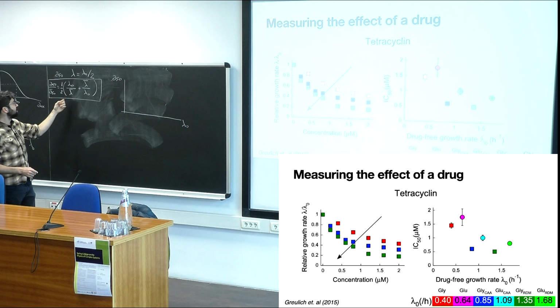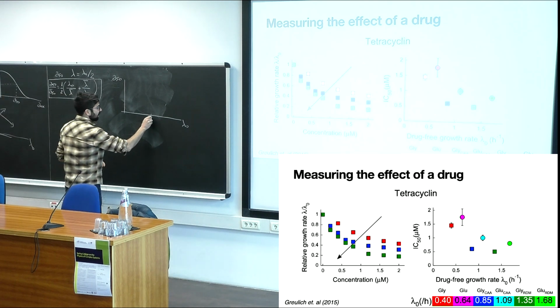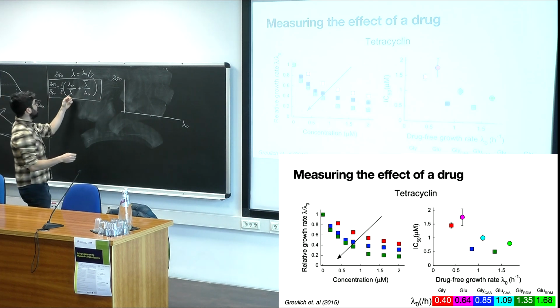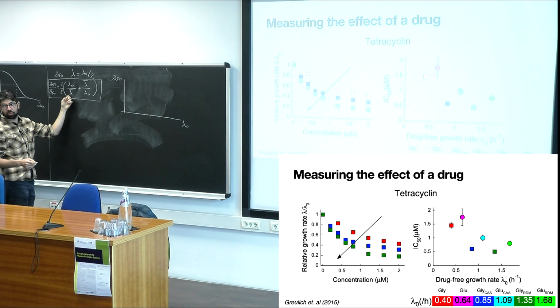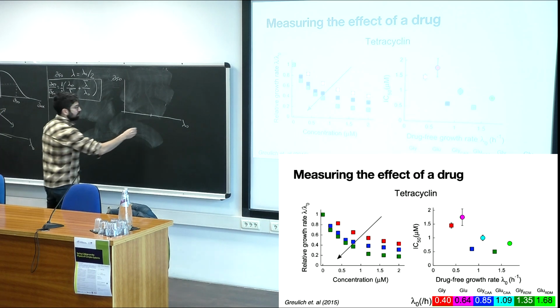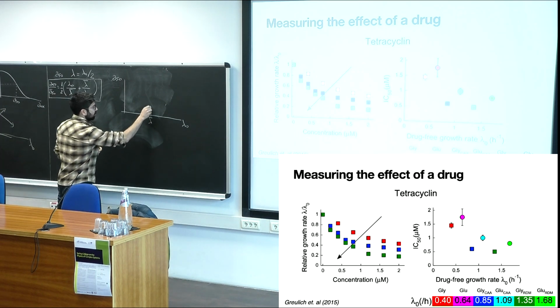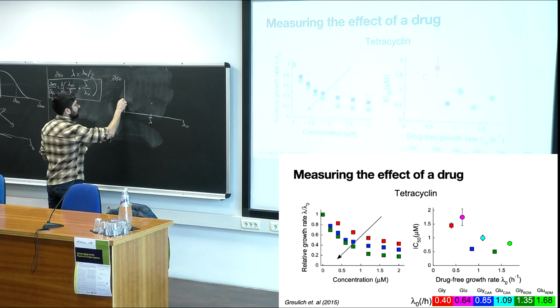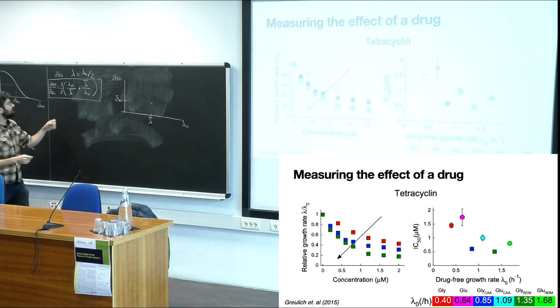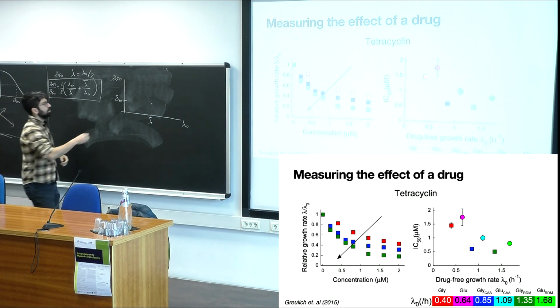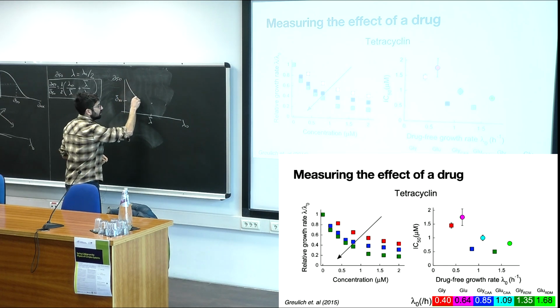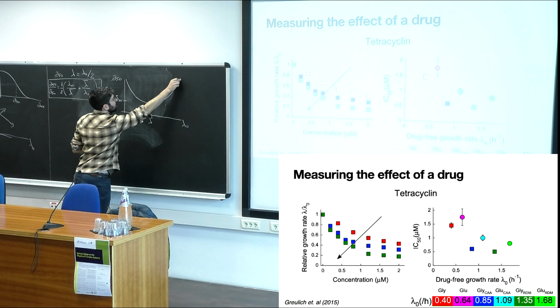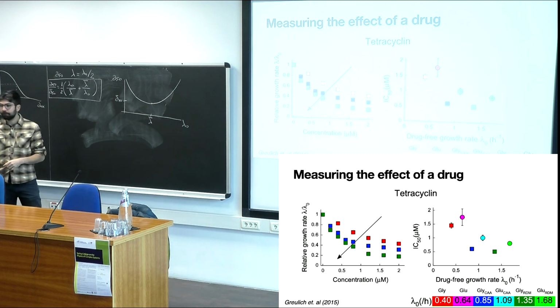If you plot this function, you get that it has a minimum when lambda naught is equal to lambda bar, which is here, and at that value you get A bar 50. The function is something like this.